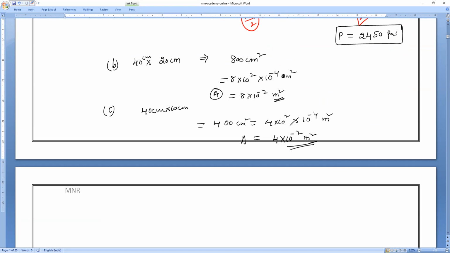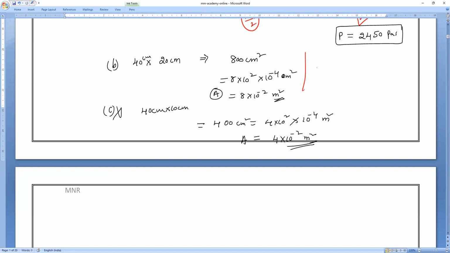Am I right, everyone? This is not there in the book, but still you solve it. Any doubt, anybody can ask. So this is the area, so you can calculate it now.